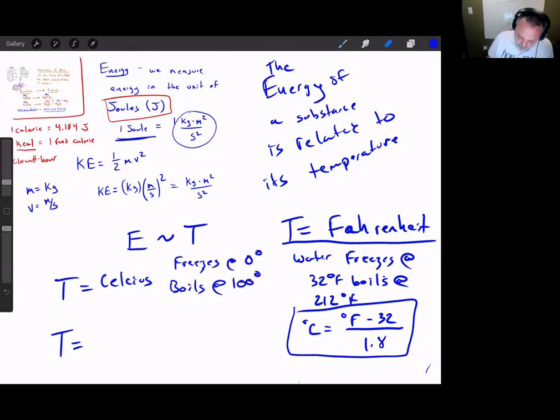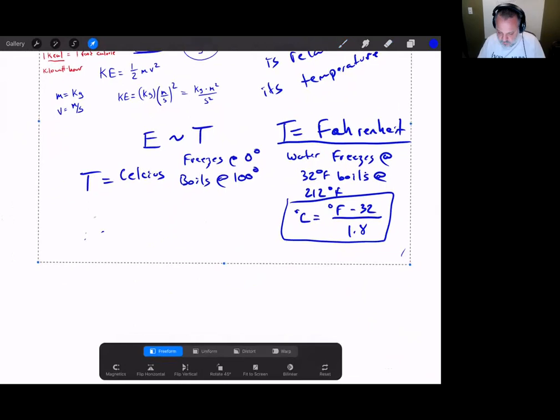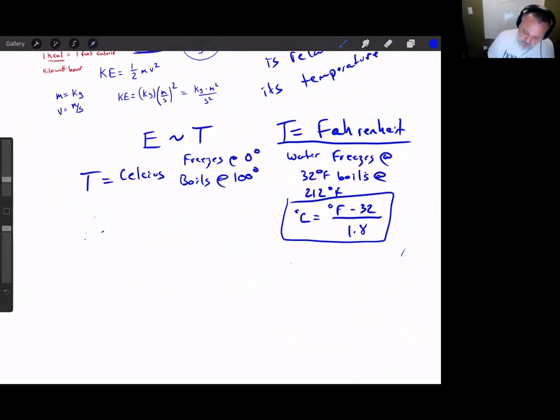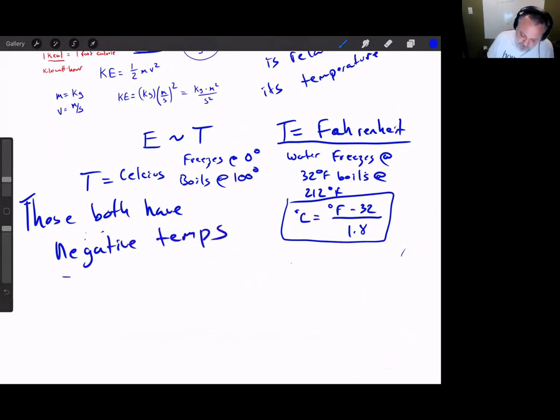But the problem with both of these temperature scales is they both have negative temperatures.